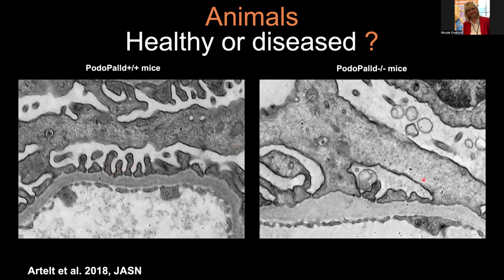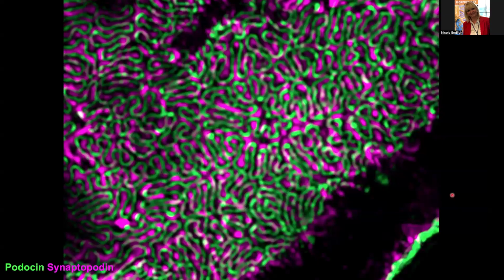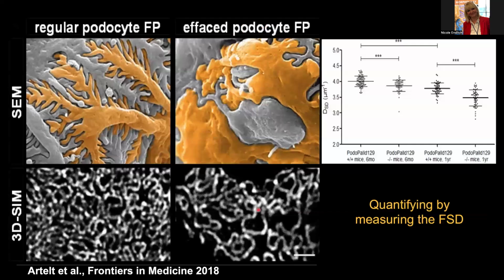Then we had some sections with a change of the foot process morphology, but it was not really clear. Therefore, we thought, is it possible to stain the foot processes not only from human material but also from animal models with this technology, and to analyze it in a quantitative way? You see here, I think it's a fantastic view on a podocyte, the filtration slit and the interdigitation of the foot processes. And we have done this indeed.